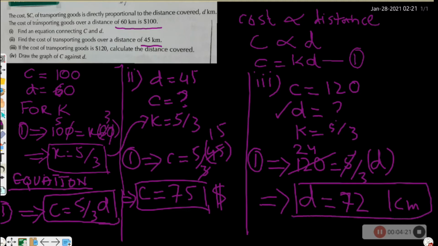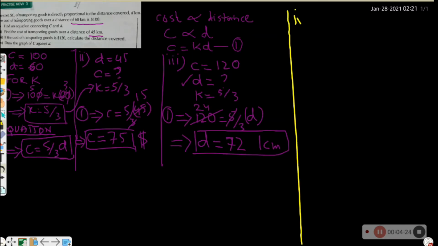So this is it. Part 4, draw the graph of C against D. So for the graph, points on the graph, remember what we talked about, why the line representing direct proportion must lie on the origin: if the independent variable doubles, the value of the dependent variable doubles.